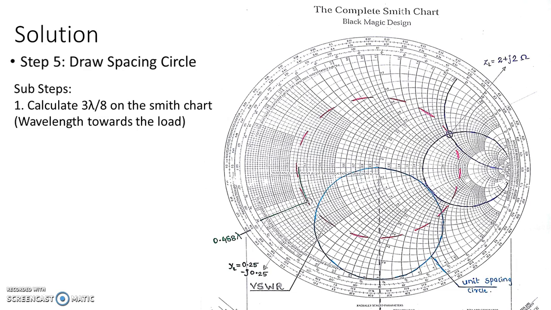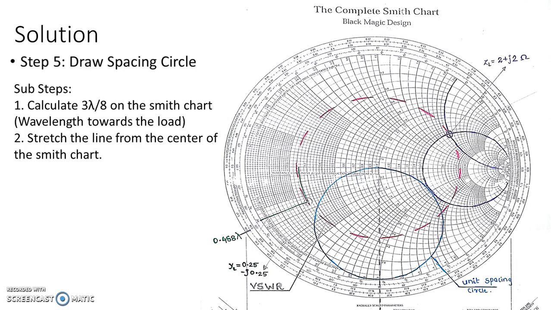The match point is the point at which my source is kept. So y0 is a point where the source has been placed. I am coming from the source and moving towards the load. Hence, to calculate 3 by 8 lambda on the Smith chart, we will use wavelength towards the load, not the generator.